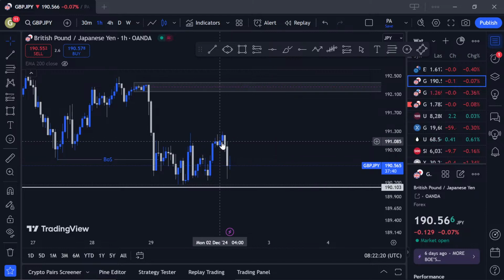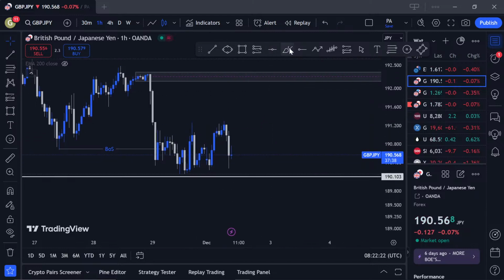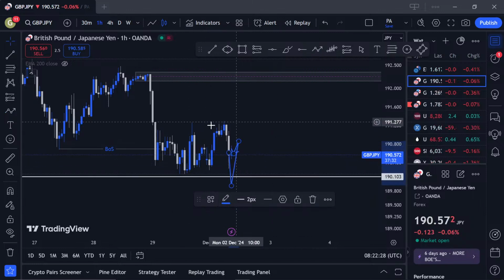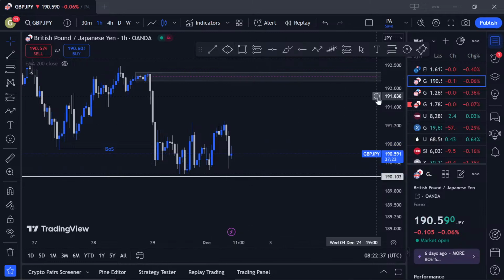We can't identify any level here until the market breaks this area first. If the market is able to break here, then we can look forward to identifying supplies around here. Since it hasn't broken this level, we can't identify anything here, but we just have to wait for the market to give us a retracement back to this level.